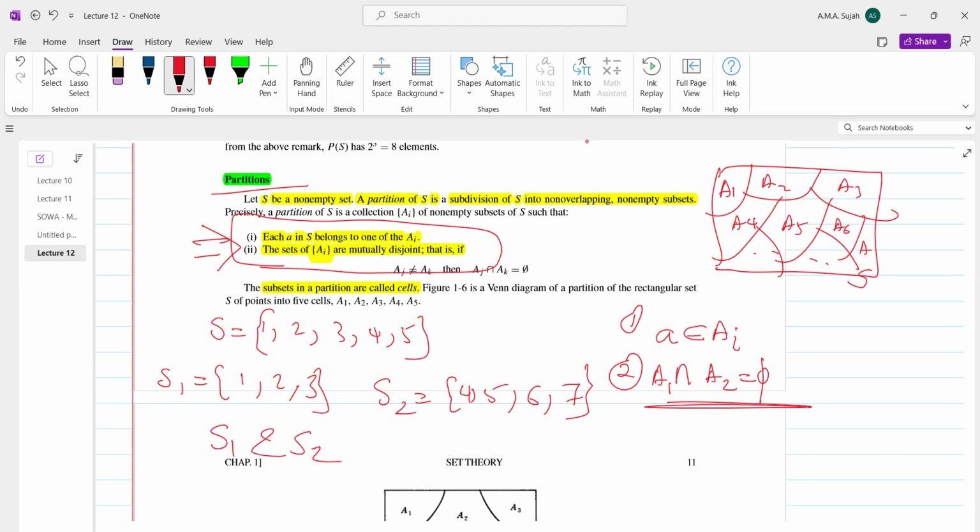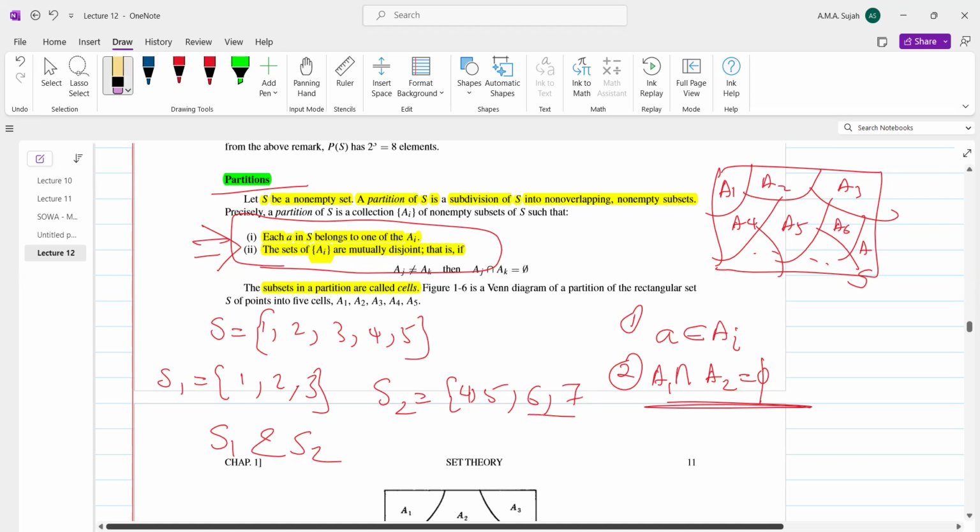Are S1 and S2 partitions or not? This is not a partition, right? There are some new elements. Did you notice this one? 6 and 7 are not elements in S, right? So S1 and S2 are not a partition. This is one scenario.